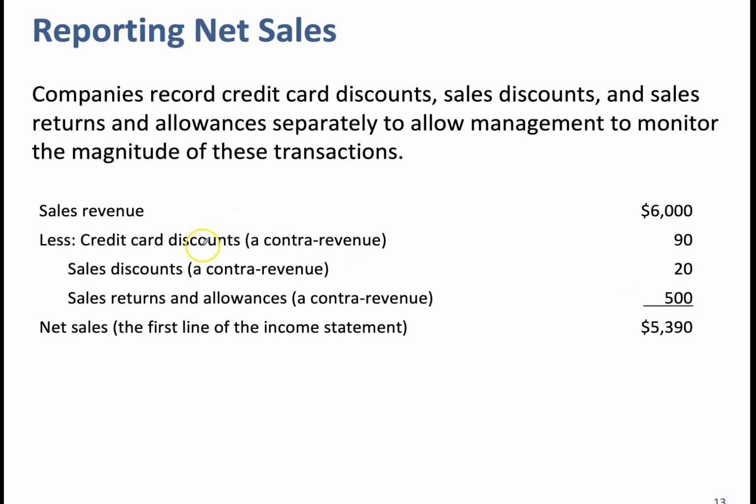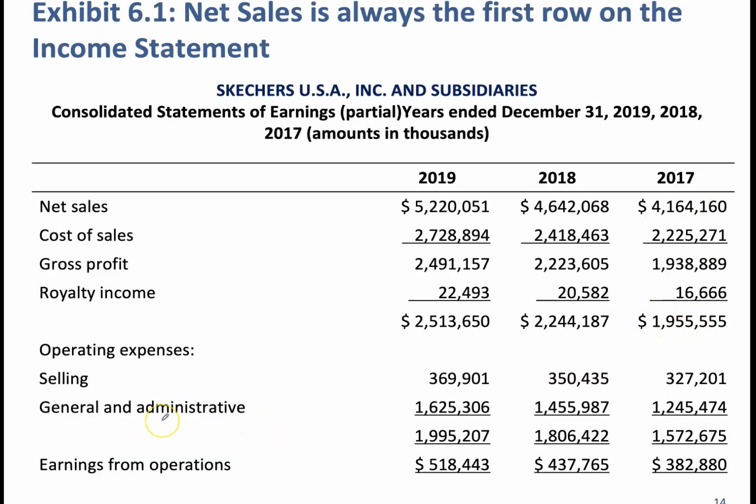So all these discounts and allowances are called contra revenue accounts or contra sales accounts. They work against the original sales revenue number and lead to the net sales number.